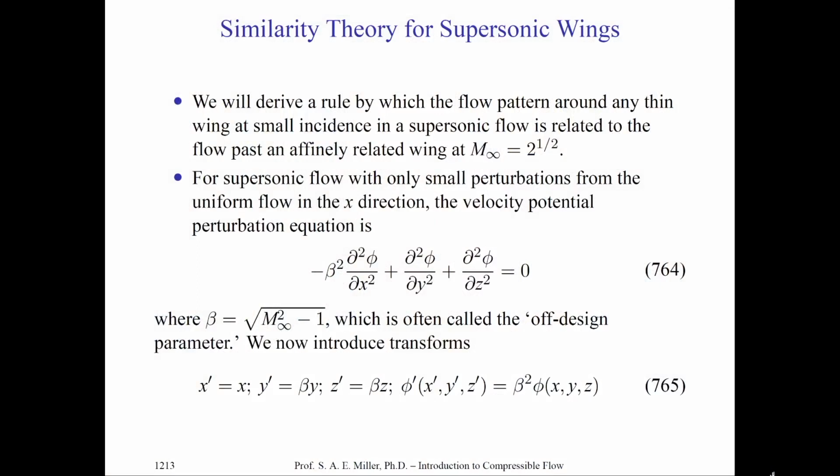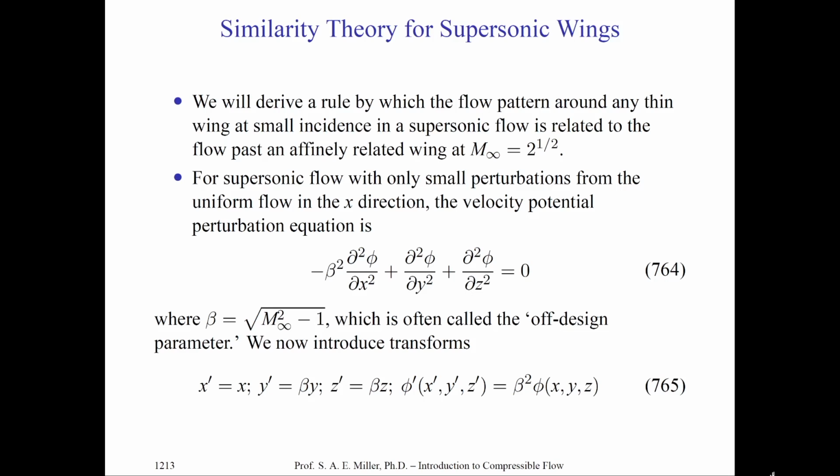For supersonic flows with only small perturbations from the uniform flow in the x direction, we'll see that the velocity potential perturbation goes as a particular equation 764, which we're not deriving in this class. We talked about this equation previously in the hypersonics module, but it is an equation for the velocity potential in 3 dimensions in small perturbations about the x direction.